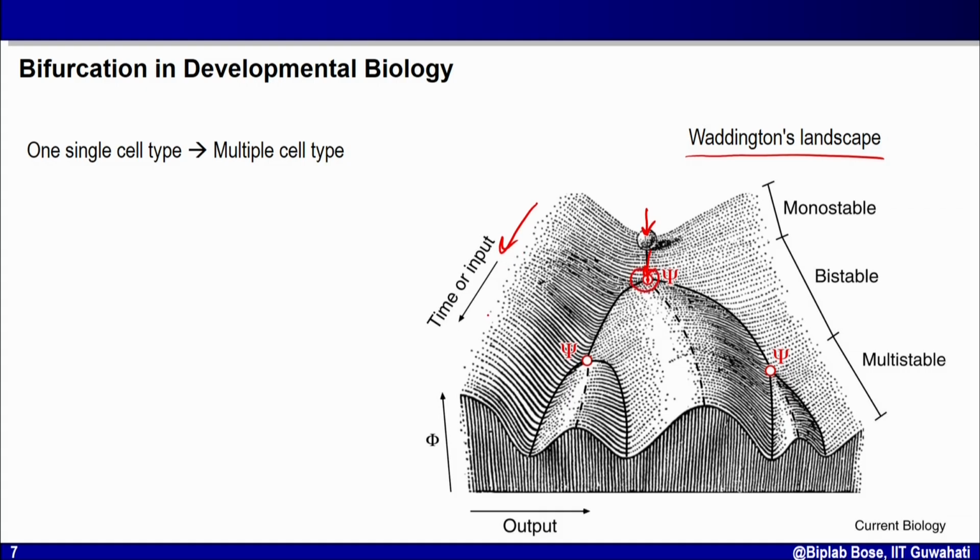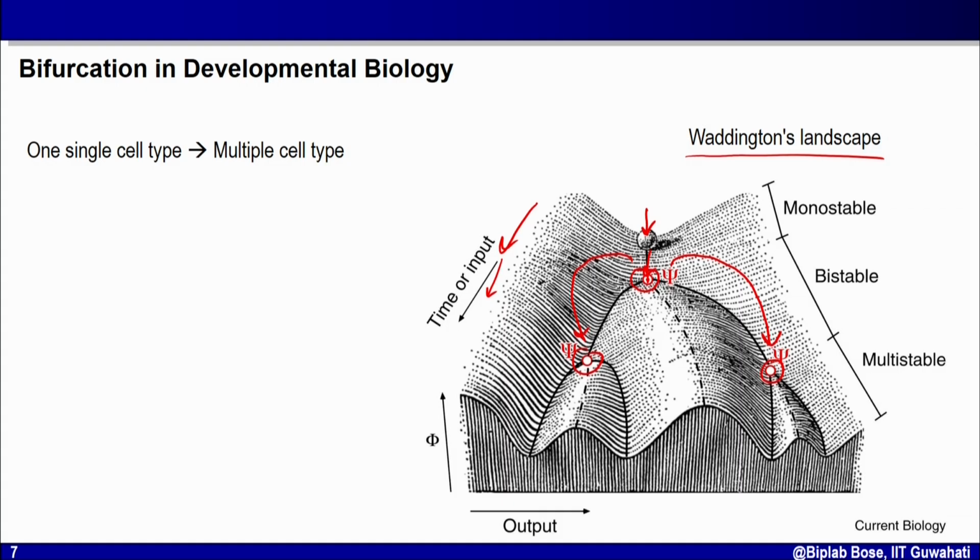As time passes further and input changes, the system may have two stable steady states, one here and one here. Some of the cells in the population will move towards this steady state and the others will move to the other steady state, depending upon their initial condition in the phase plane.